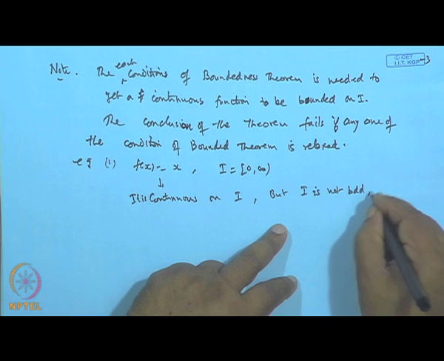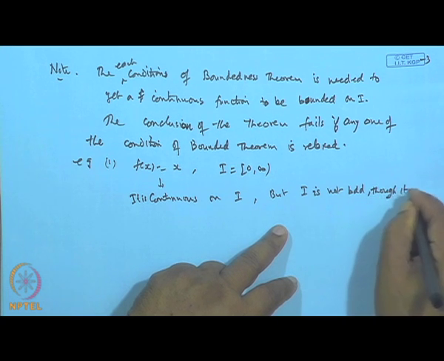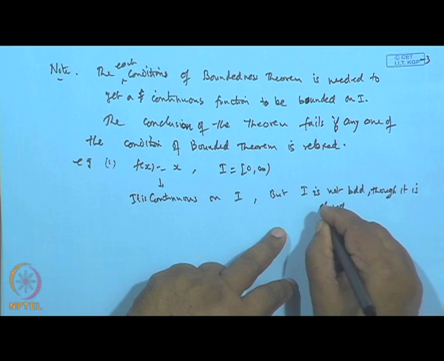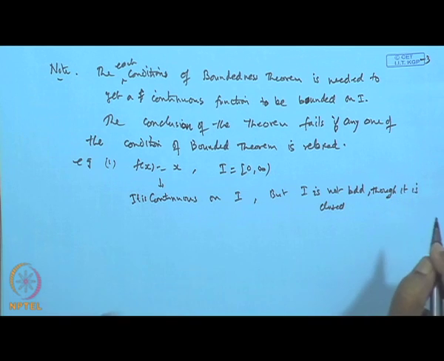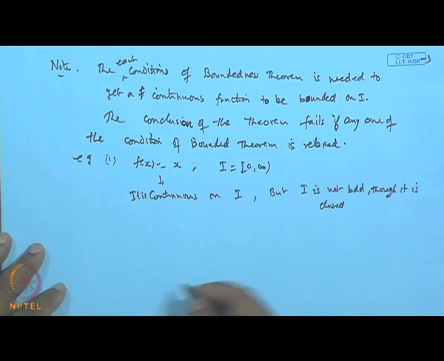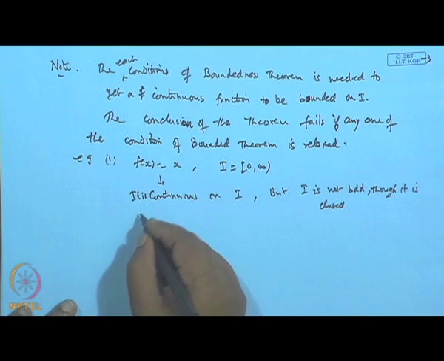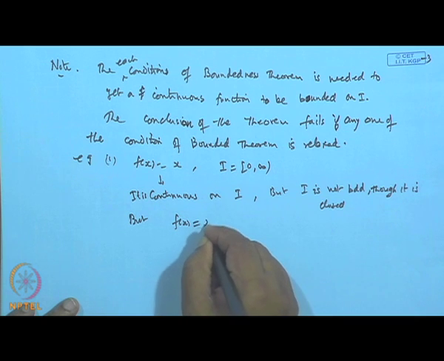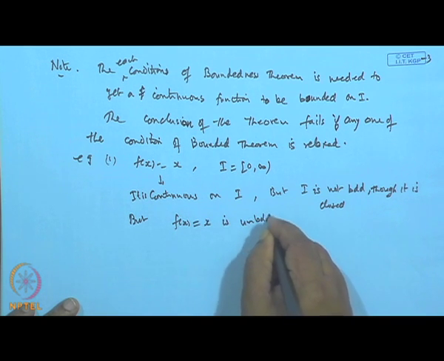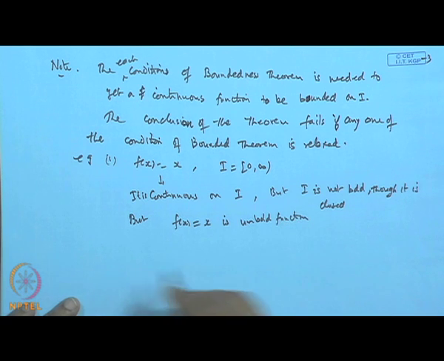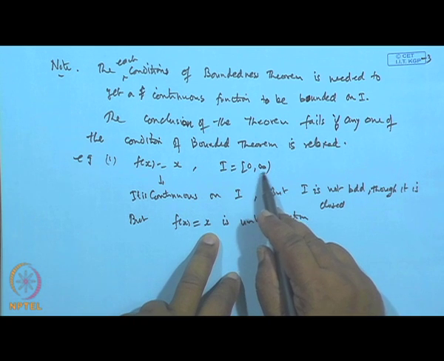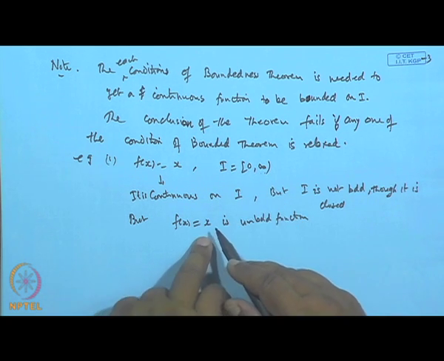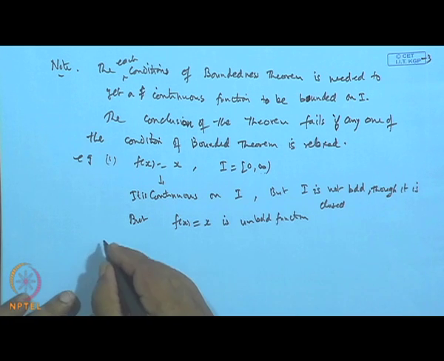It is closed because all the limit points are inside it. Function f(x) = x is an unbounded function, because as x increases, the value of f(x) keeps on increasing and the interval is up to infinity. So, it is without bound, therefore the conclusion fails.